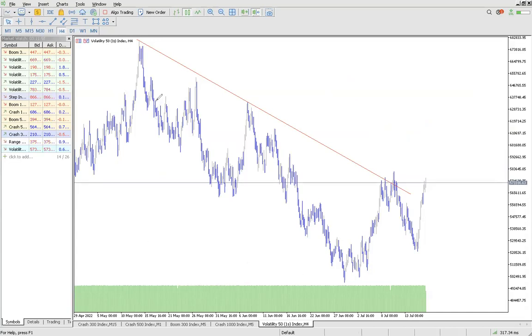Remember, we said our entry was taken around this area, right? Meaning that since this is a 4-hour chart, because of the equity that we trade, I can't put my stop loss here on this previous low.